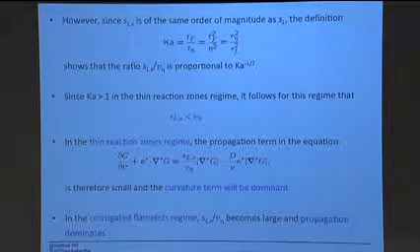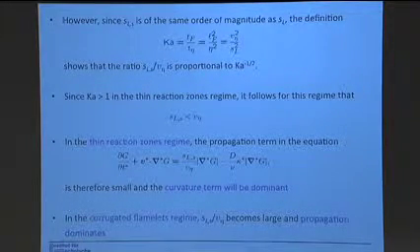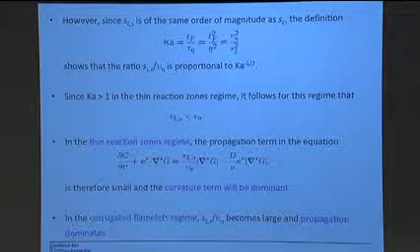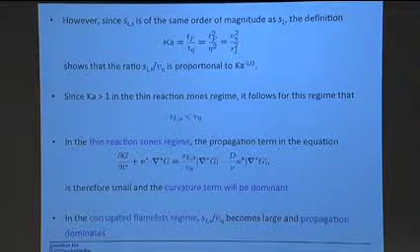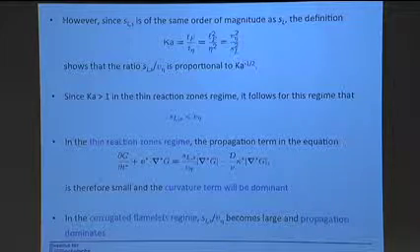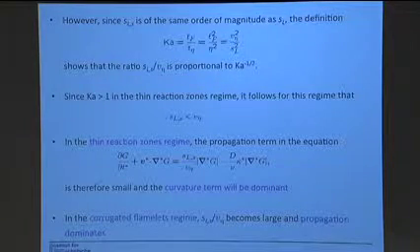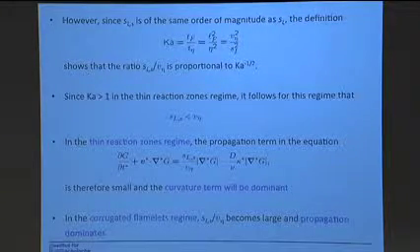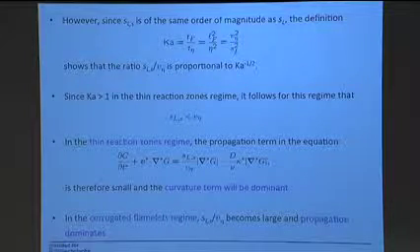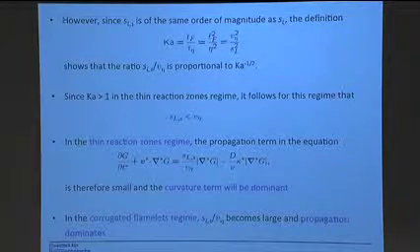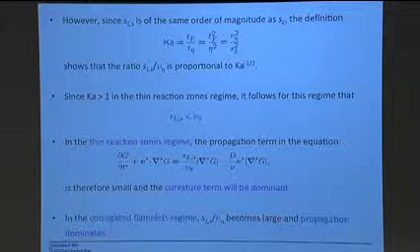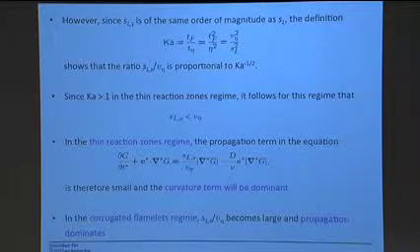Now the other regime, the corrugated flamelet regime. Of course, the Karlovitz number now is much smaller than 1, which means that this will be much larger than 1. And so this term here now becomes very large compared to this, which means that in that regime, this term is not important.